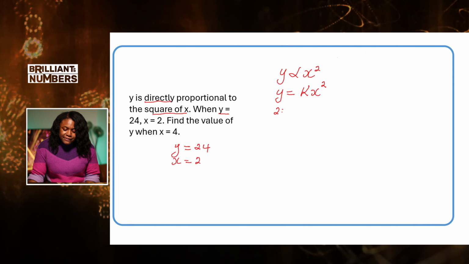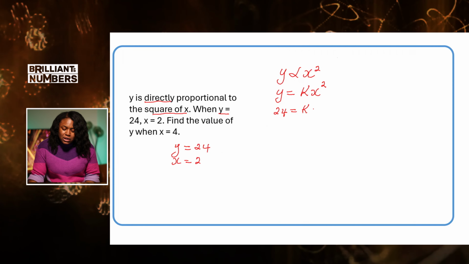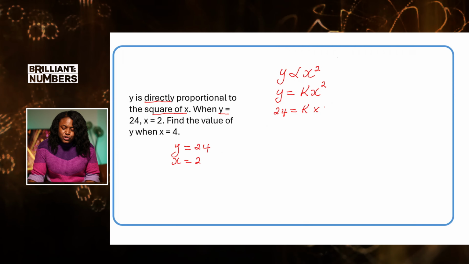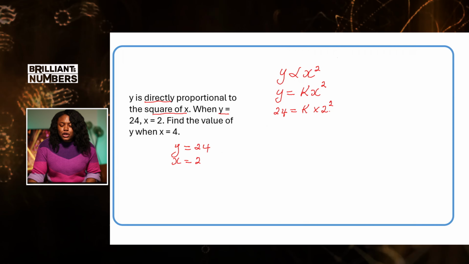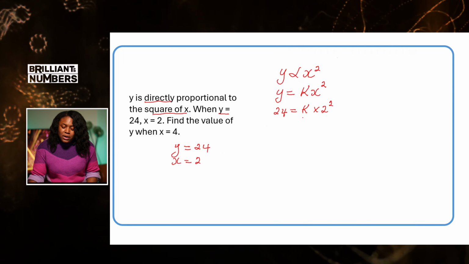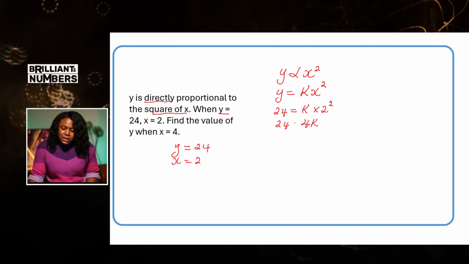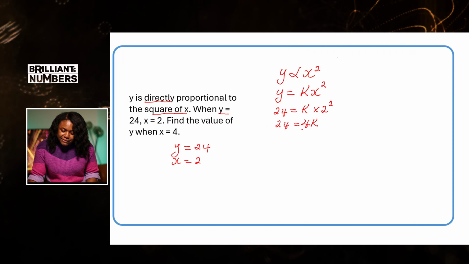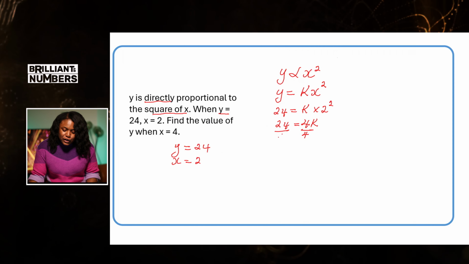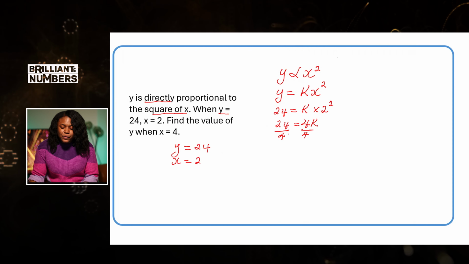So then 24 is equal to k, my constant, multiplied by 2, which is x squared. So 2 squared is 4. 4 times k is 4k. So 24 is equal to 4k, and I can find k by dividing by the coefficient here, which is 4.